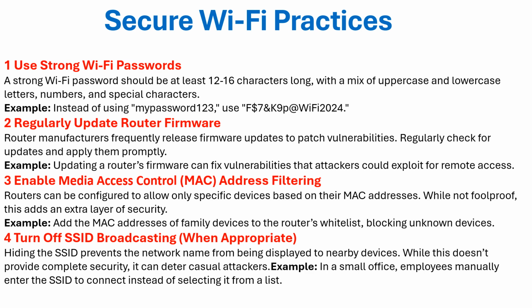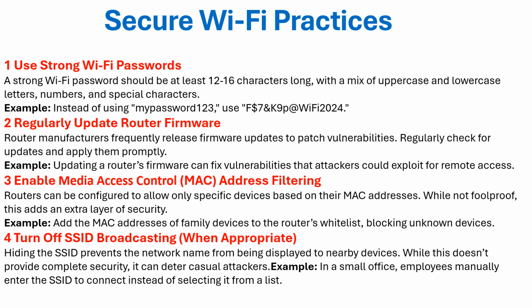Number 3, enable Media Access Control, or MAC address filtering. Routers can be configured to allow only specific devices based on their MAC address. While not foolproof, this adds an extra layer of security. For example, add the MAC addresses of family devices to the router's whitelist, blocking unknown devices.